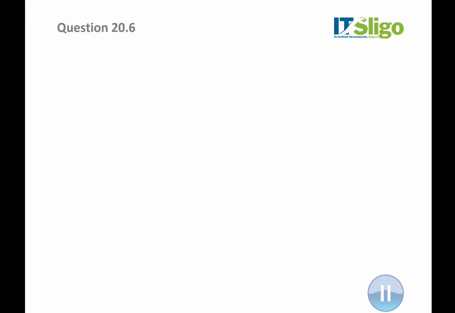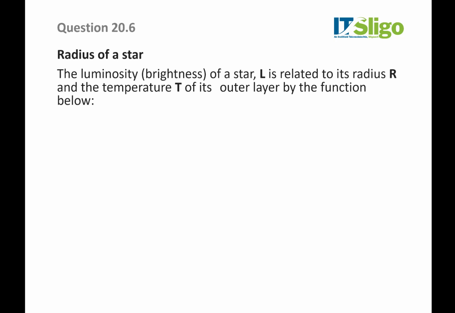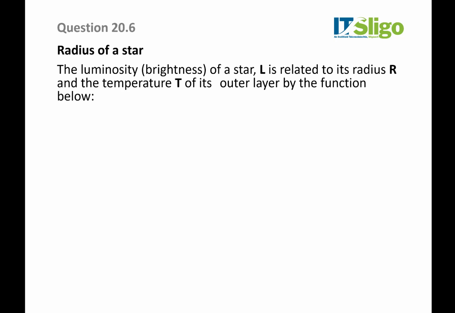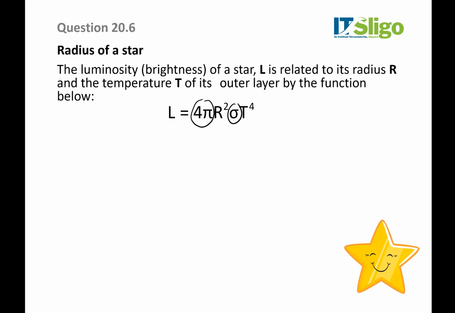Final example then, guys, my favorite problem of the whole course, to do with the brightness of a star, the luminosity. It's related to the radius of the star and its temperature. So here's the function, luminosity. Both of these are constants, by the way, Stefan's constant and 2 pi.